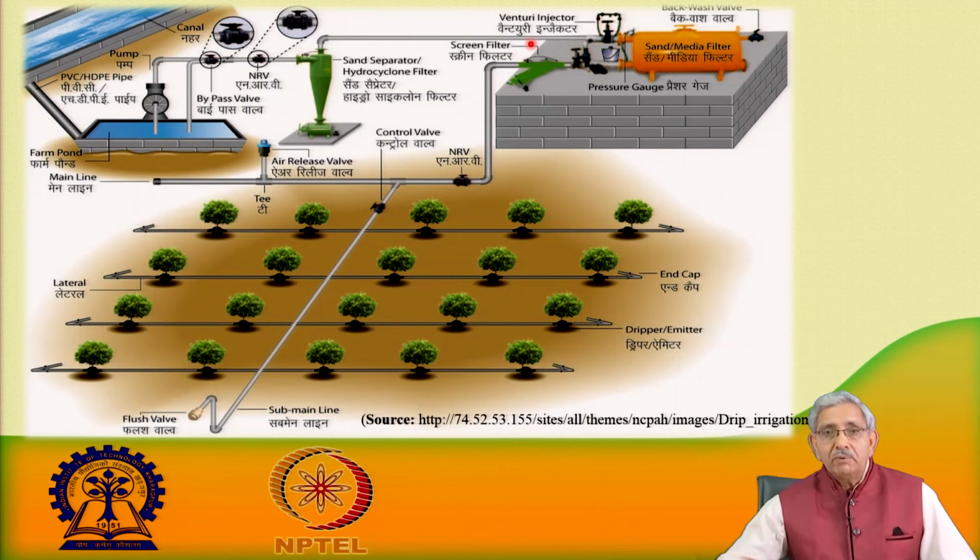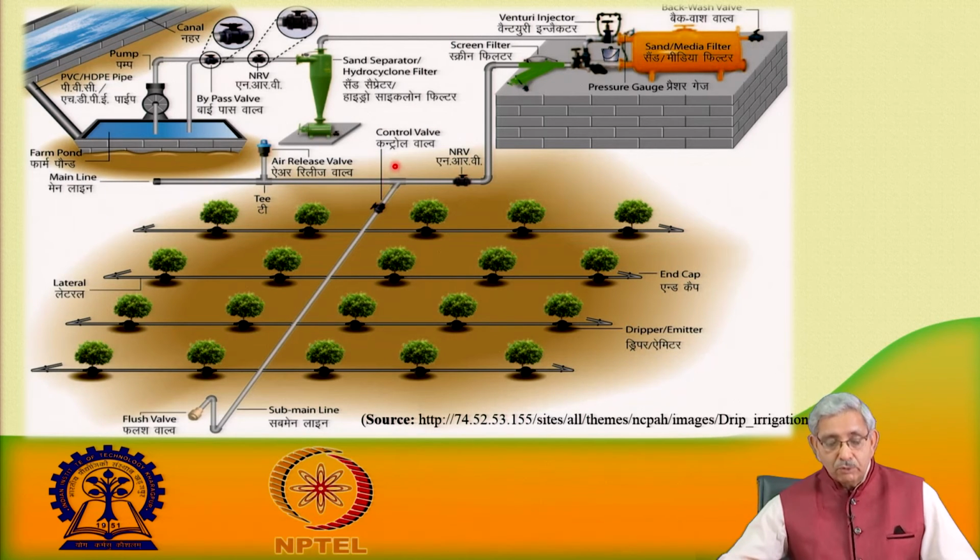Practically, the purpose of a filter is to remove the suspended particles flowing with the irrigation water. Then it comes to the non-return valve, and from the non-return valve it comes to the main pipeline. Then from the main pipeline there is a control valve. If I want to supply water to this sub main pipeline, this control valve will be operated.